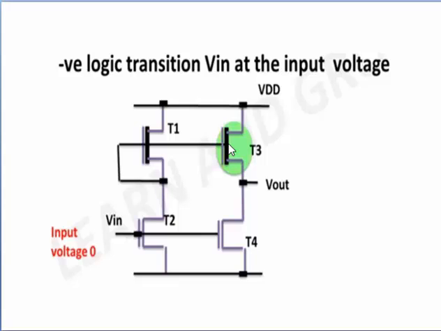We also know that IDS, drain to source current, is directly proportional to VGS, that is gate to source voltage. Then effective VGS doubling will raise the current and decrease the delay. So if VGS increases, then current IDS will also increase, and it reduces the delay in charging any capacitance at the output.